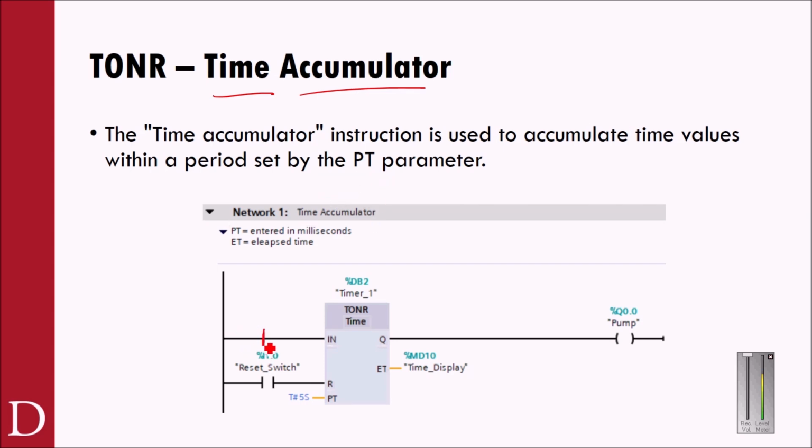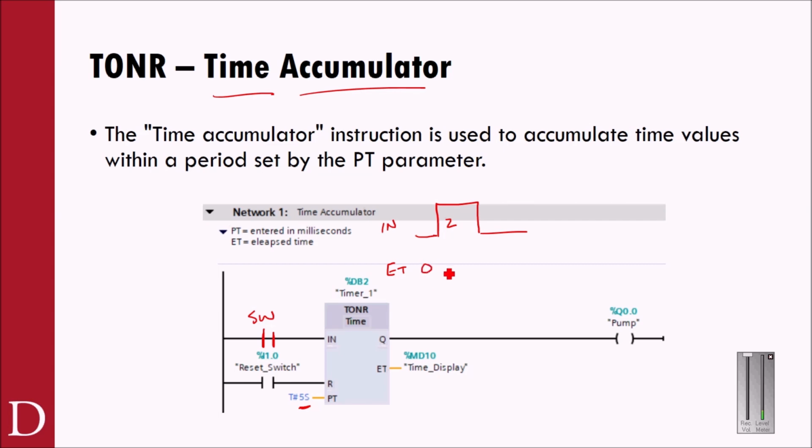So if I have an input here, let's say a switch, that goes true, but let's say it doesn't go true long enough to get to 5 seconds. What's going to happen is my input goes true, and let's say it only went true for 2 seconds. What's going to happen is that elapsed time is going to be maintained.